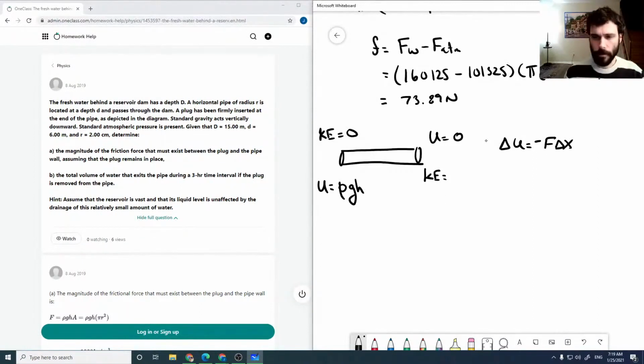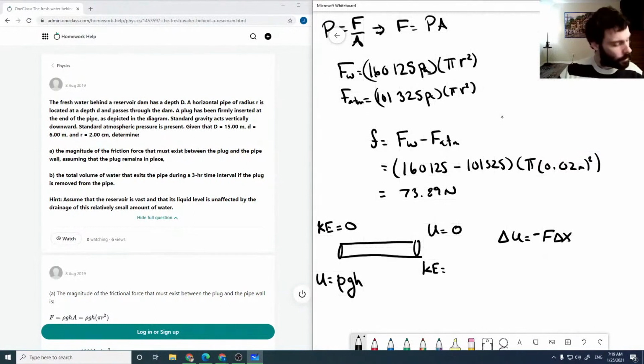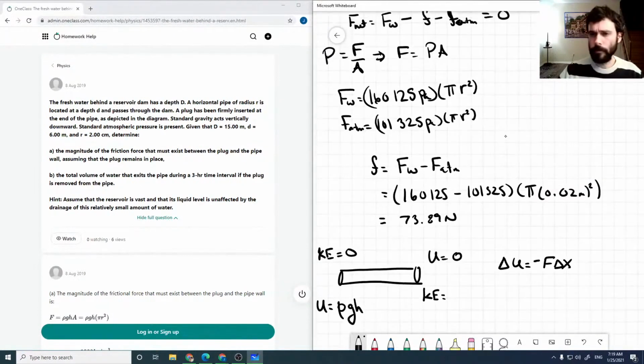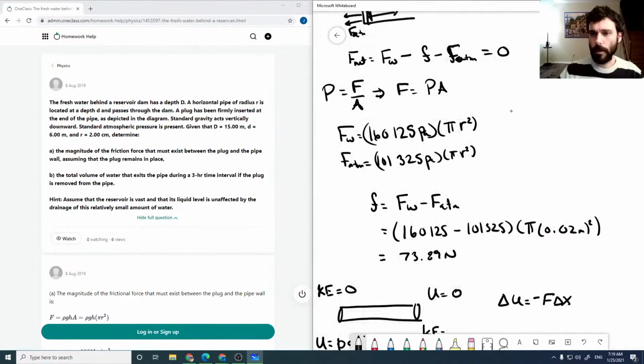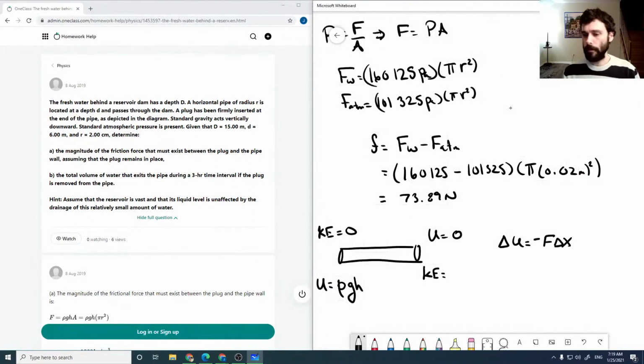Our force without our friction is just our force of our water minus our atmospheric force.